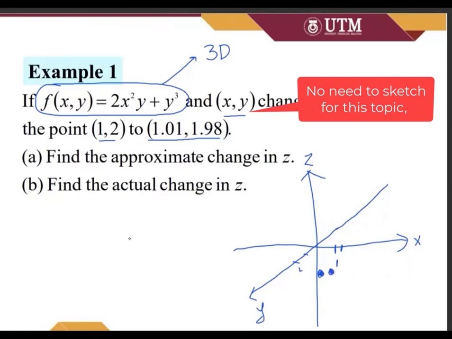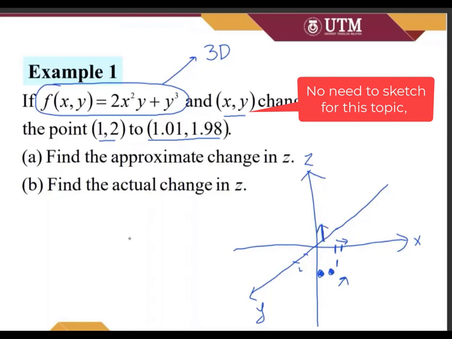So this is the point for the change in x and y. You have the shape, and you increase the length of x and decrease the length of y. Then we want to know what happened to z. You can use this formula.